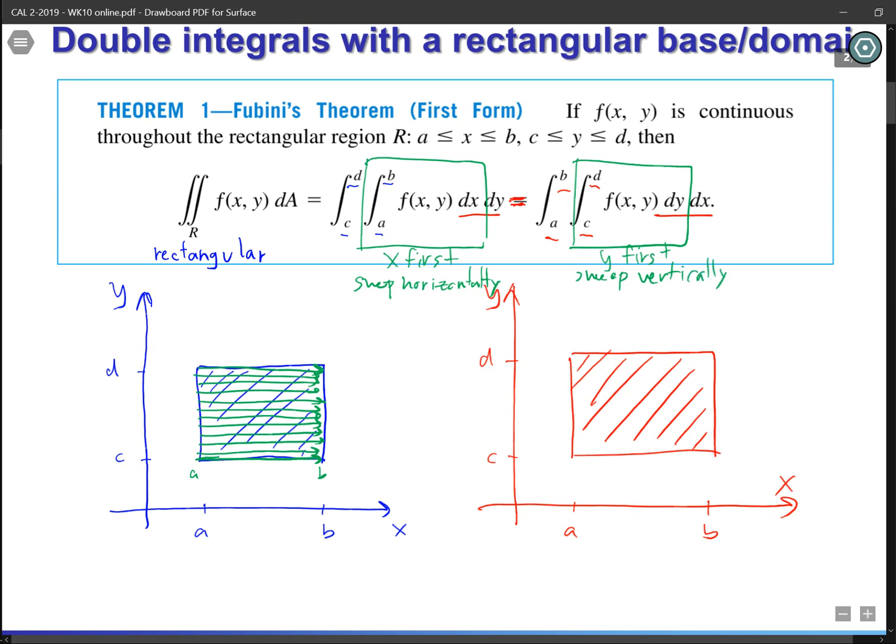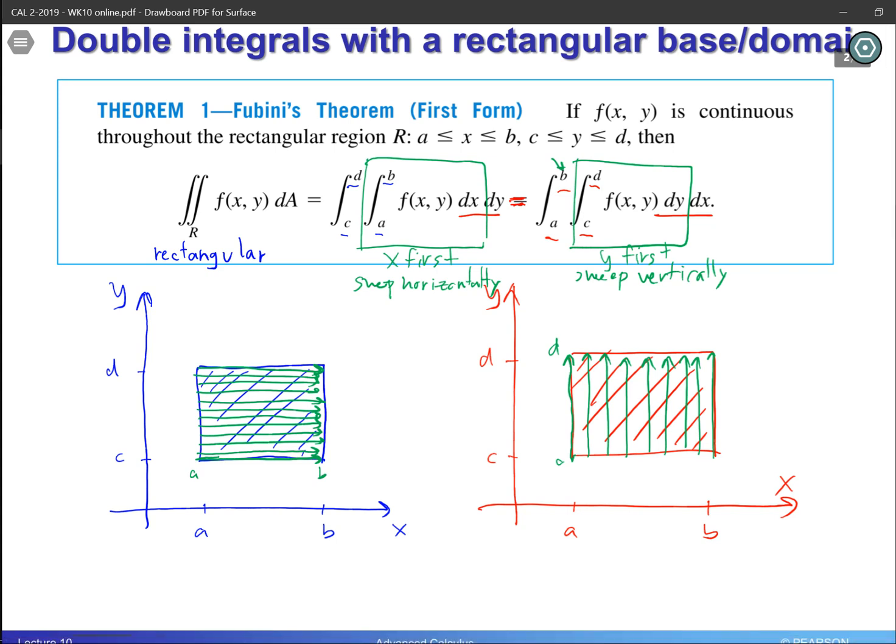Starting at x equal to A, we are going to integrate with respect to y, sweeping the y value from C to D, and keep going until x equal to B, and that is the end of the integration.